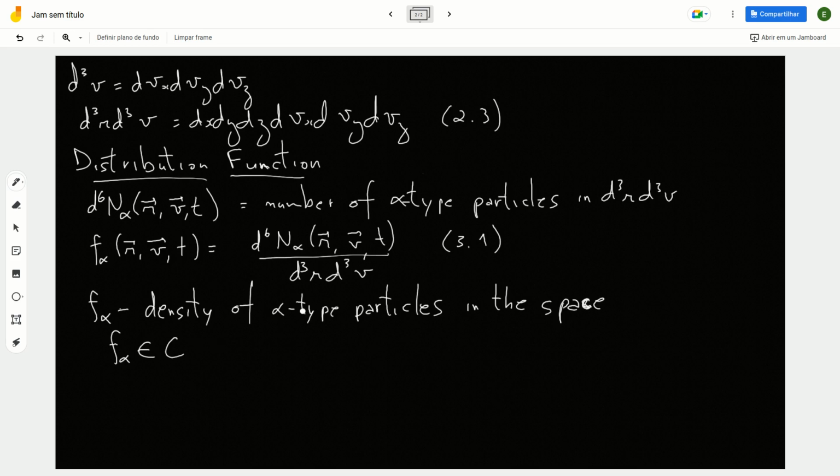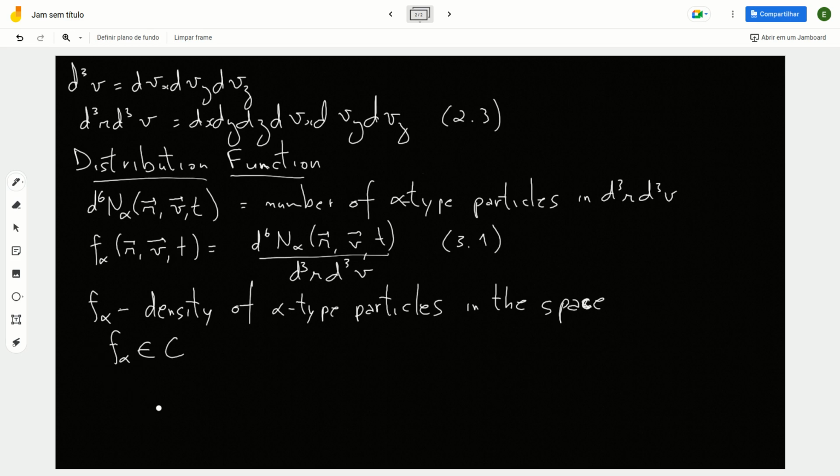But here, since we're talking about gases, that behave according to diffusion and other phenomena, this is most likely a continuous function. So we'll always consider that it's a continuous function. Therefore, you can integrate it. Okay, so this is an integrable function.